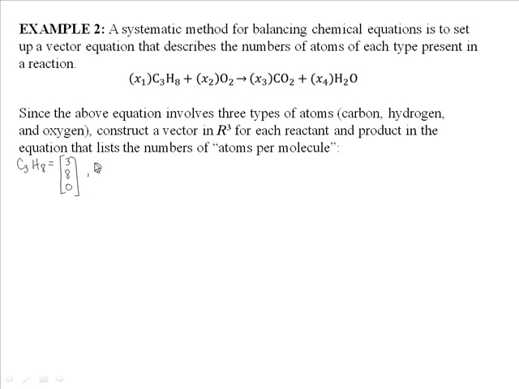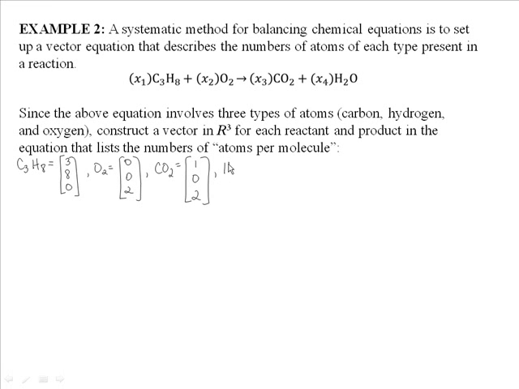Then we have O2, or oxygen, which would be the vector 0, 0, 2, since we only have 2 atoms of oxygen. Then we have CO2, or carbon dioxide, which would be the vector 1, 0, 2.